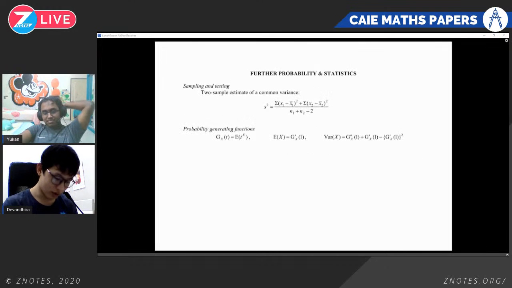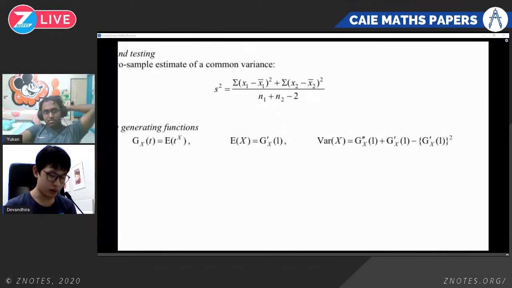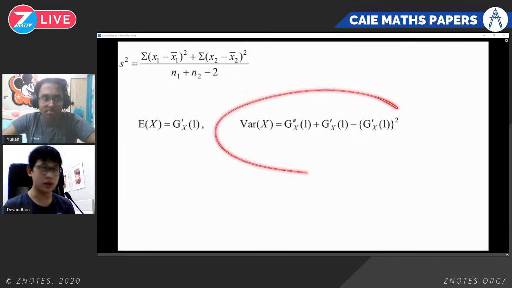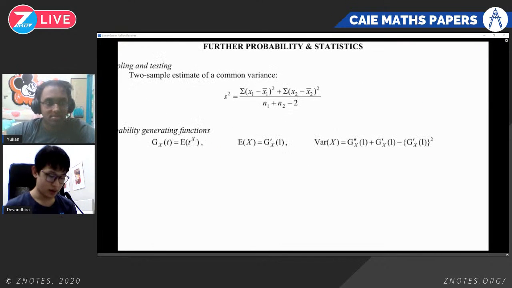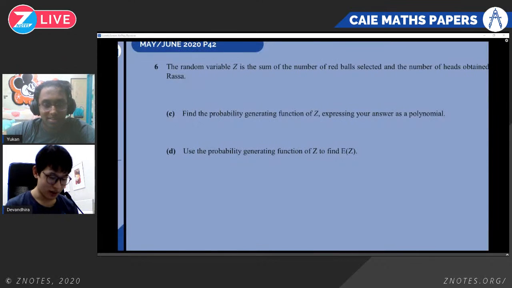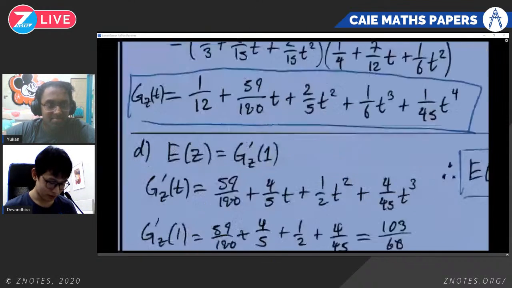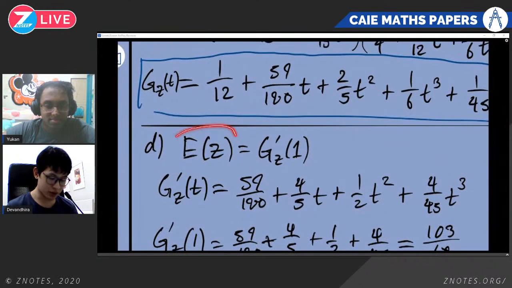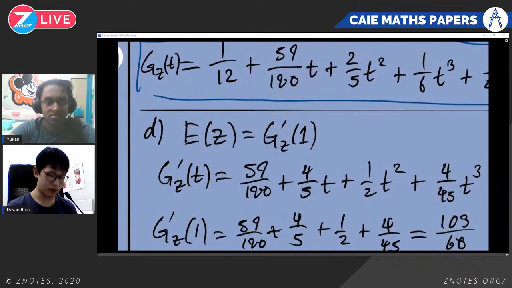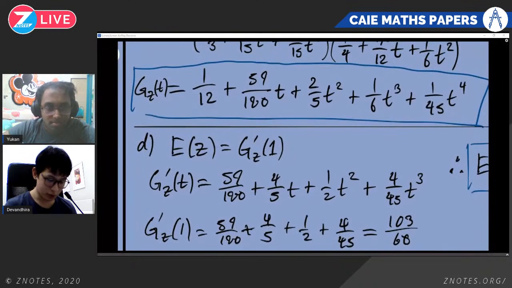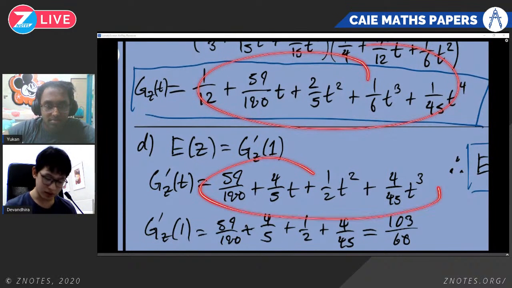So if you forget how to find expectation, you can just check it here. Same thing for variance. You're lucky you get this. So of course let's do that. Since the expectation of Z is just G'(1), we have to differentiate first. When we differentiate this, we should be getting this.